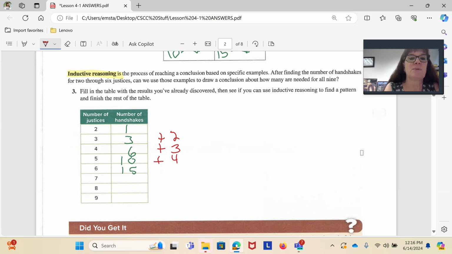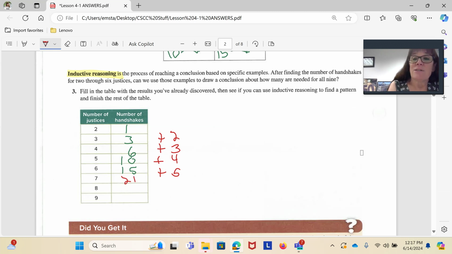And from 10 to 15, we added 5. Looks like we've got a pattern. I added 2, I added 3, I added 4, I added 5. So to get to 7, we'll have to add 6. So if there's 7 justices, I need 21 handshakes.